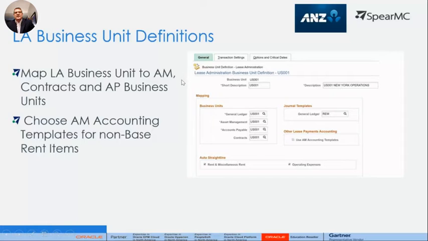You can only create ones where the asset management business unit already exists. So when you go to create a new lease administration business unit, if you don't have asset management as a module, well, you can't do it. You have to have asset management business units set up, and then you can make lease administration business units that are related to them. Okay.